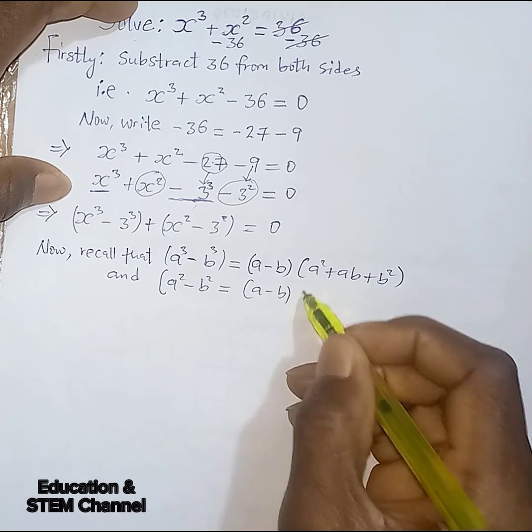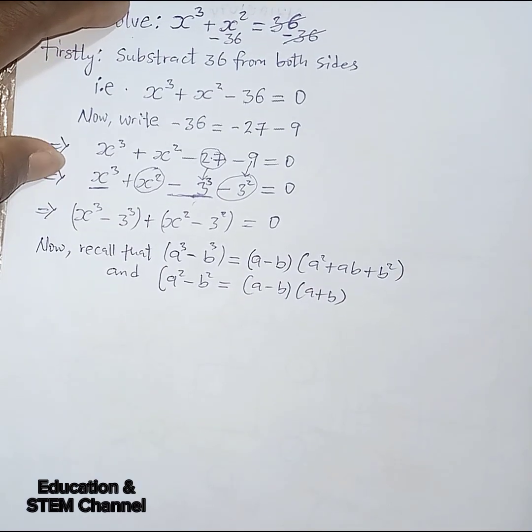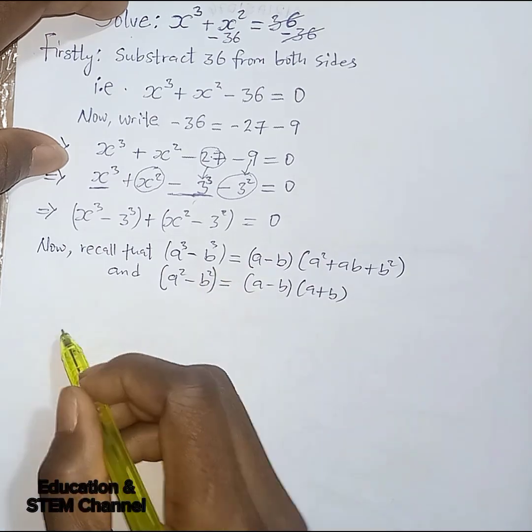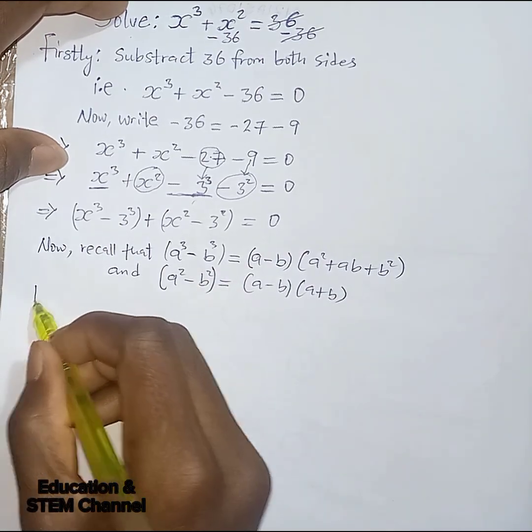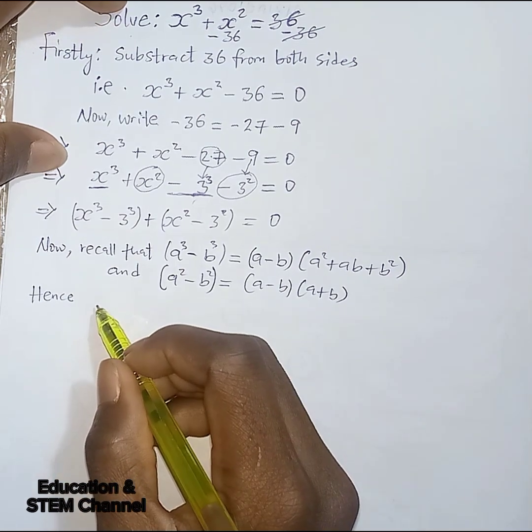And for the difference of two squares, of course we all know it is the product of the sum of the two numbers and the difference of the two numbers. That is a minus b all in bracket into a plus b.